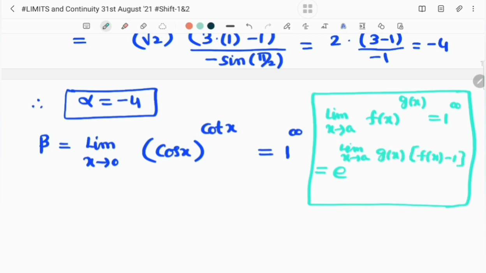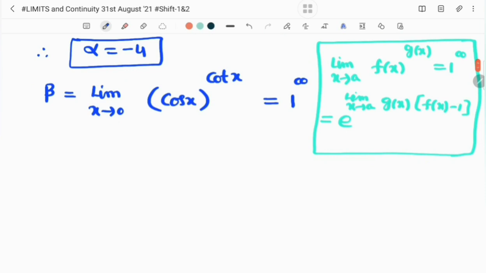This is the way we can write the given limit. So by using this procedure, we will write the beta value: e power limit x tends to 0, g of x means cot x, into f of x minus 1, so cos x minus 1.